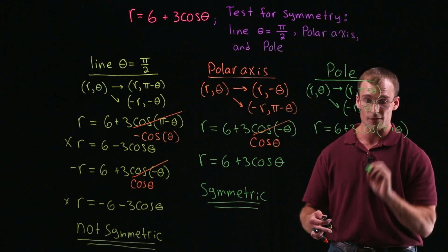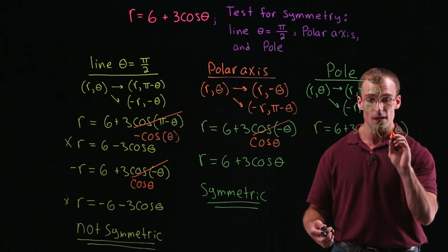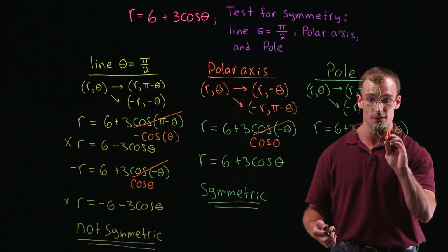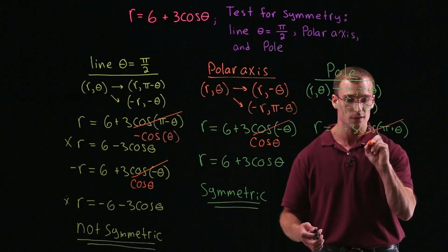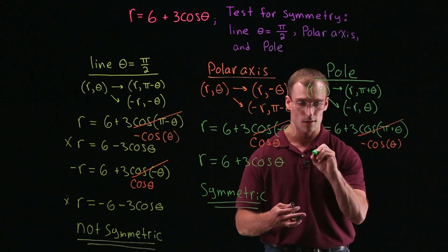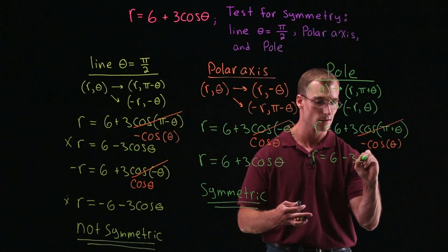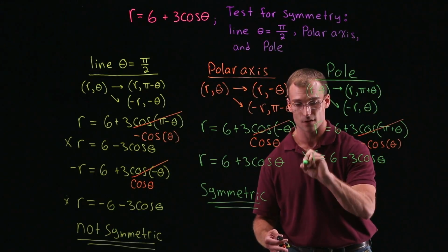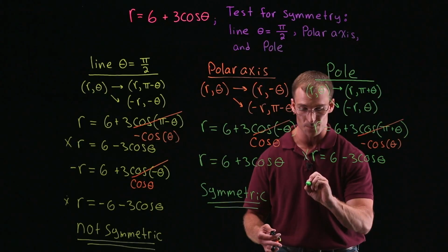What is cosine of pi plus theta? Similar to our earlier conversation, the base graph of cosine theta shifted to the left by pi units gives us negative cosine theta. So we get r equals 6 minus 3 cosine theta, which is not our original graph. So we can't determine symmetry with that point.